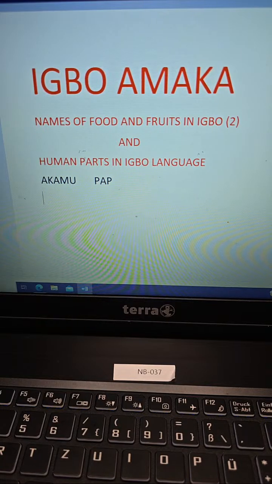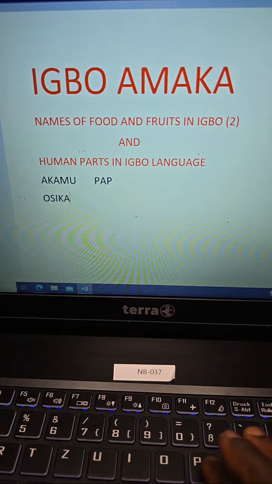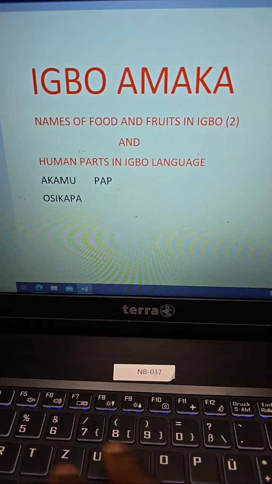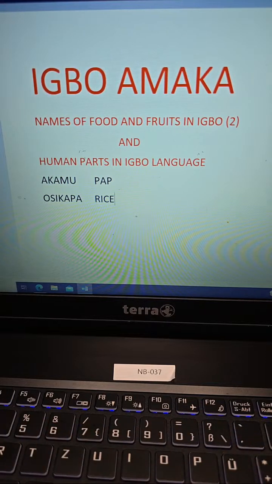Osikapa, rice. Remember yesterday we learned about beans, and we said beans is agwa.